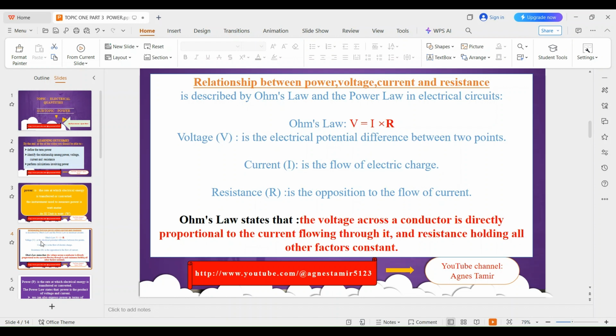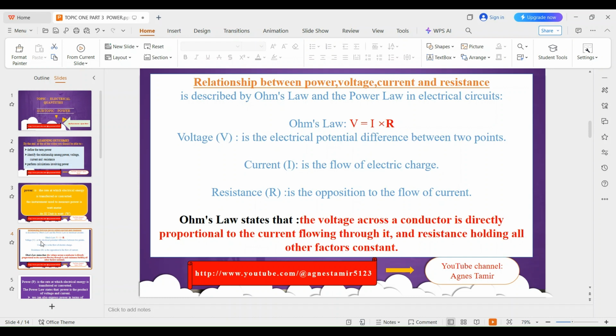Voltage, we said, is the electrical potential difference between 2 points, or the supply of energy to an electrical circuit.